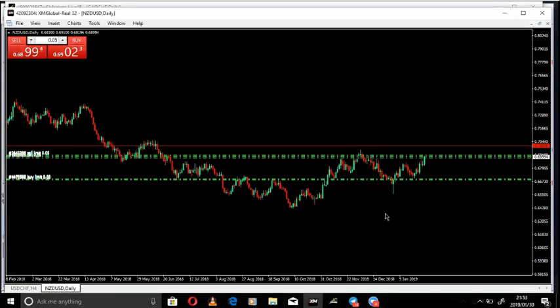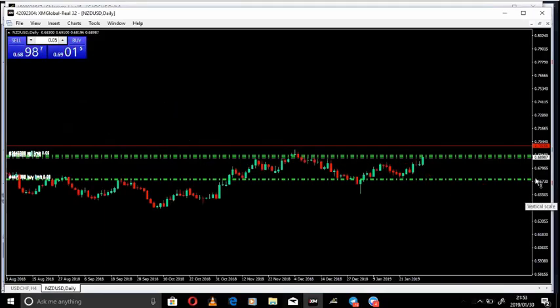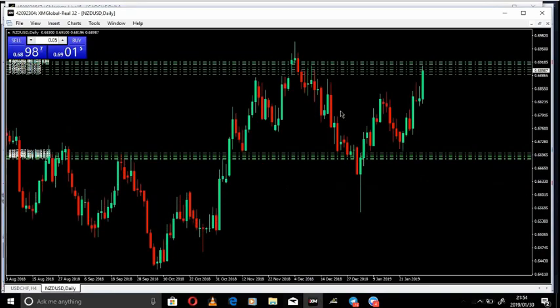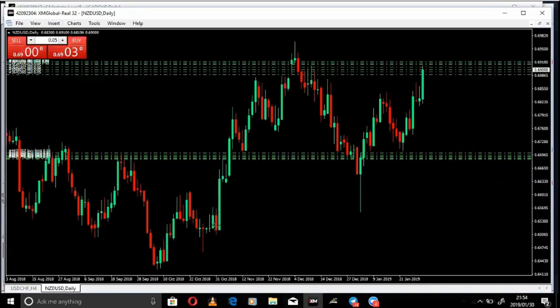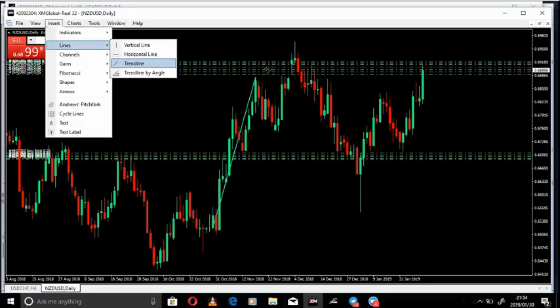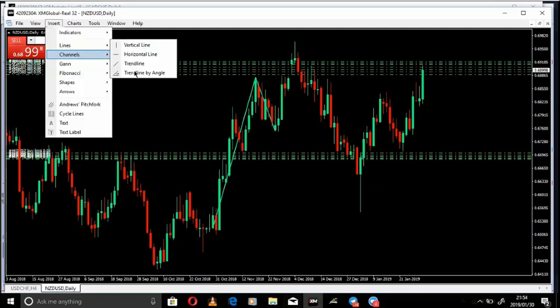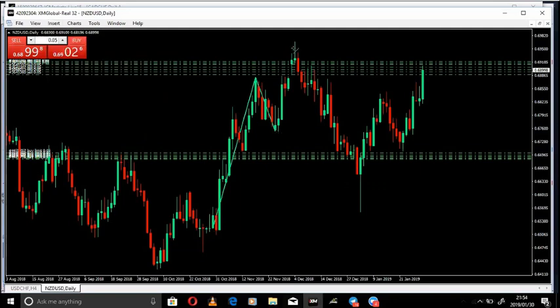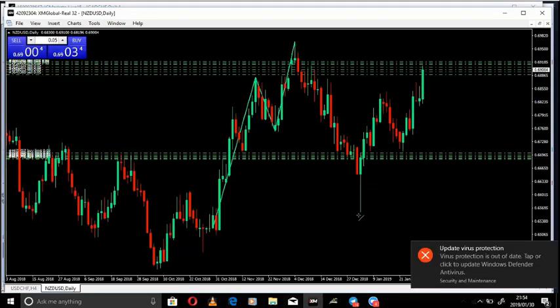Okay, guys, a perfect example of a QM setup is this one. See, we have a rise, fall back, another rise, break up the previous high, drop, right?